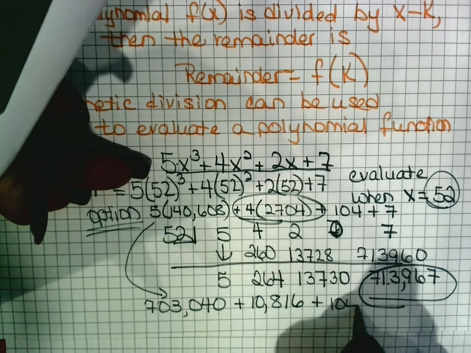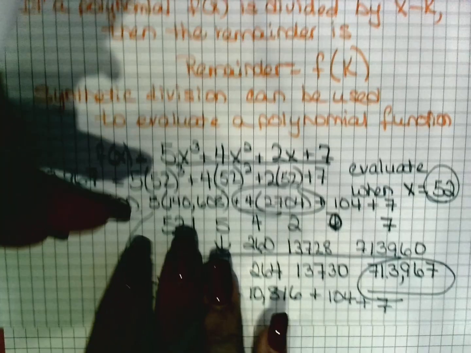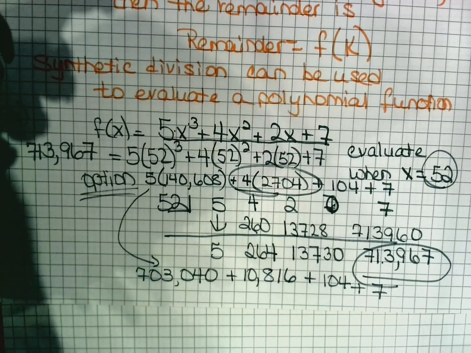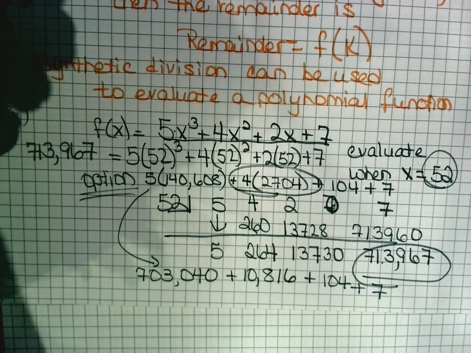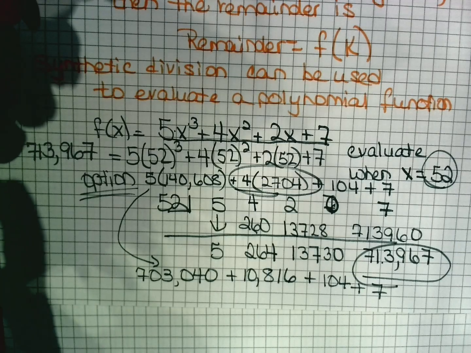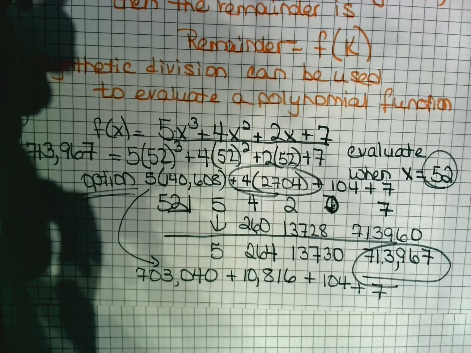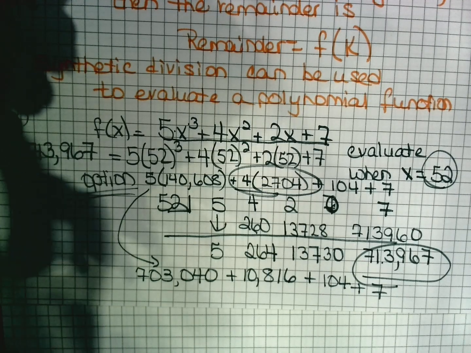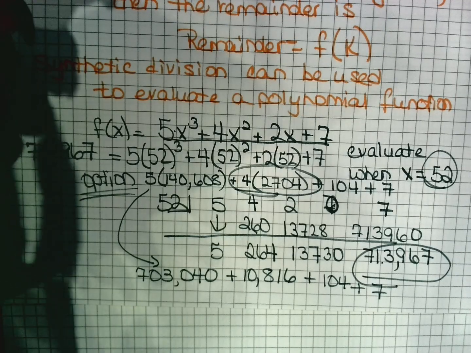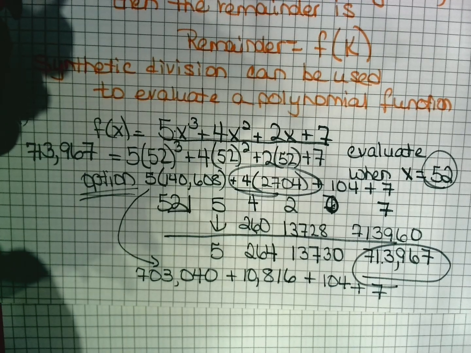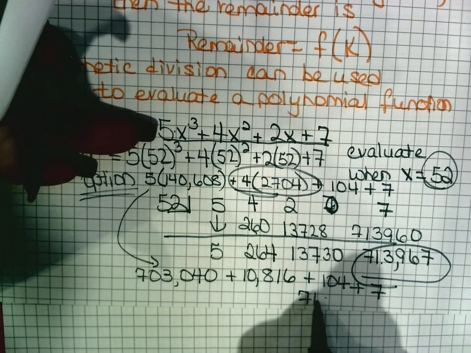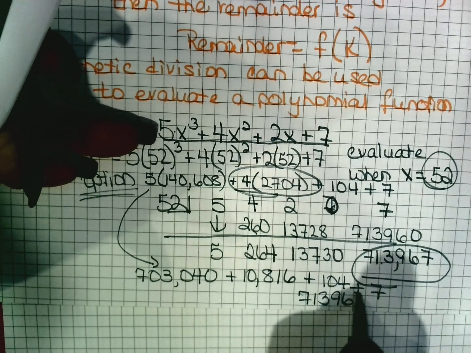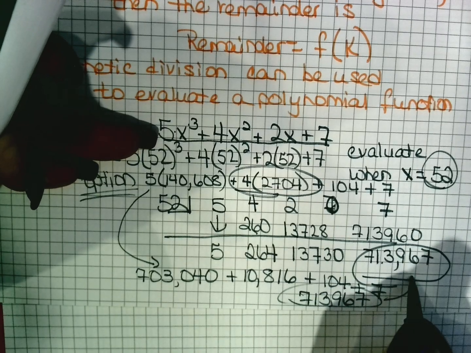Plus 104 plus 7, and now I'm crossing my fingers because I made this up and I hope I did it right. If not, I've got to go back and see where I made a mistake. So I'm adding all this stuff up, and we are getting 713,967. Yay, we got the right answer.